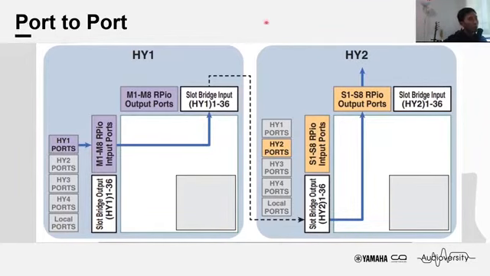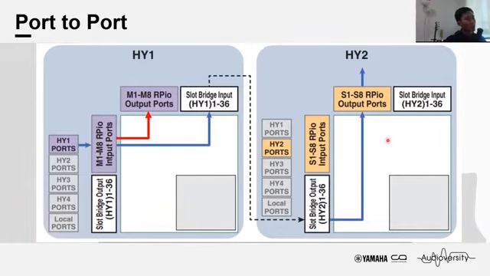So we have our HY1 and HY2. We're trying to patch in between from HY1 to HY2. Of course, if I'm patching internally from any one of my 8 RPIOs, M1 to M8, I can just patch without using the slot bridge this way, no issue.